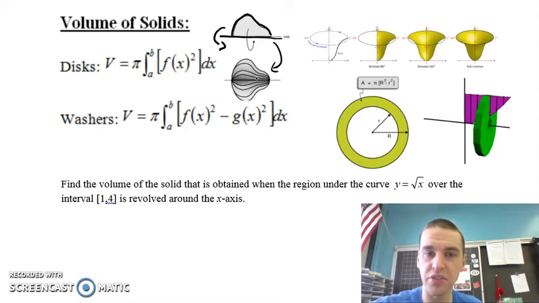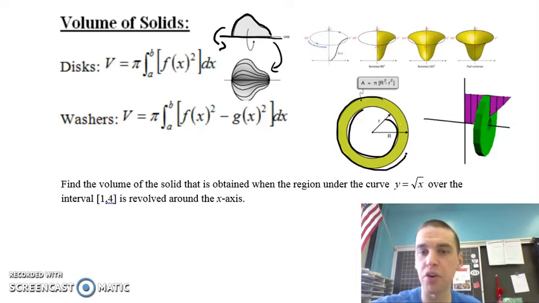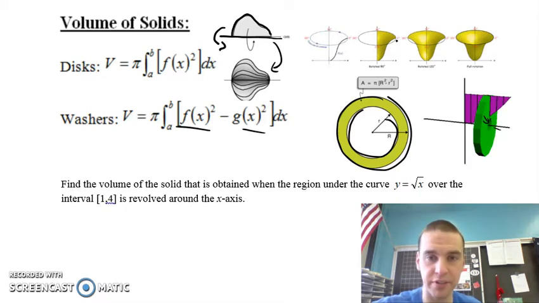It creates a three-dimensional shape revolving around the x-axis. A washer, on the other hand, is where you have one curve and another curve rotated about the x-axis, but there's a hole in the middle. Therefore you have the top curve minus the bottom curve.